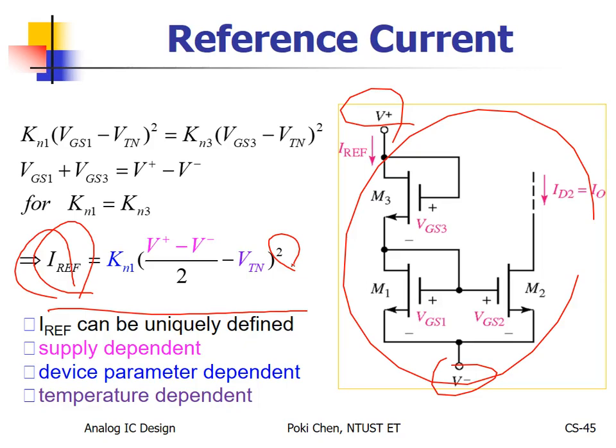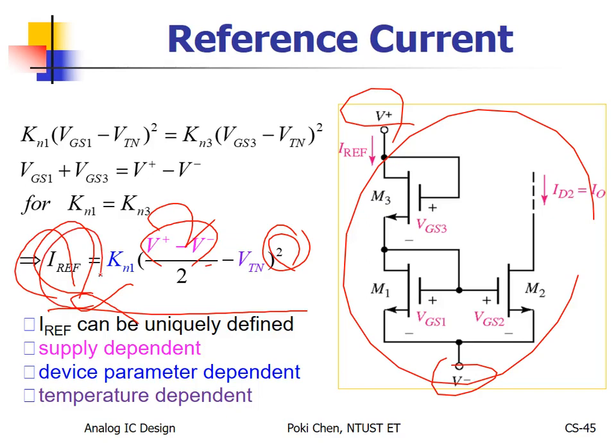It is not only proportional to the magnitude of your supply voltage, but to the square of your supply voltage. So if you double your supply voltage, then in theory, I reference will be increased by 4.